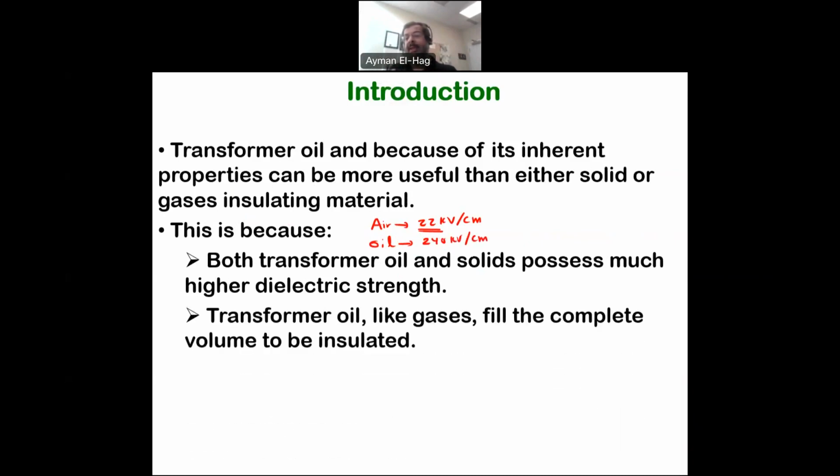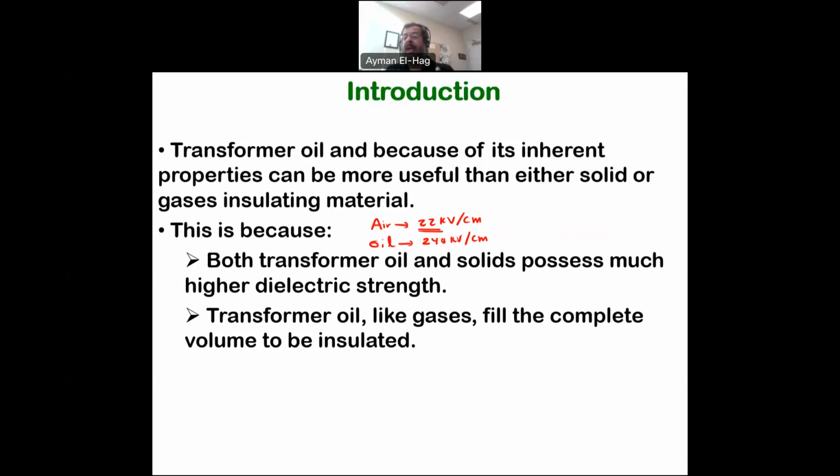On the other hand, there is another advantage of the oil and the gases: because of the flexibility of these two materials, they can be used to fill any gap, any volume. For example, if you want to fill the tank of a transformer, then oil can be used to do that. Yes, we use some solid insulating materials, but we cannot fill the gap with solid materials.